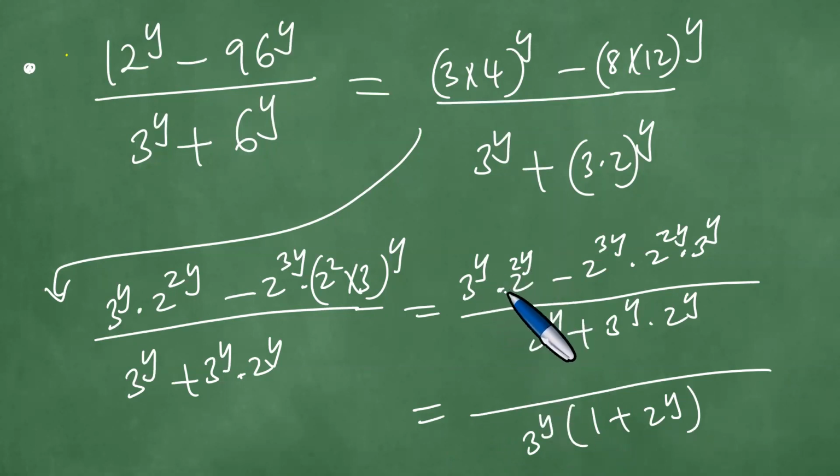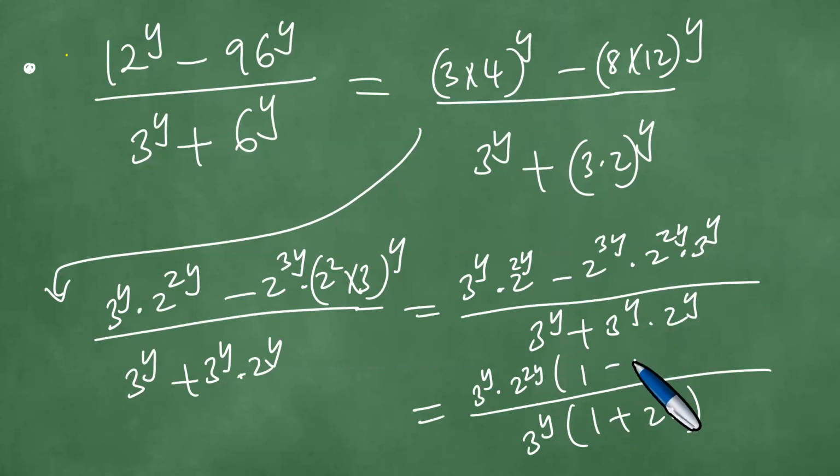Here you take out, what is the common factor in the numerator? There's the 3 to the power y, but there is also 2 to the power 2y. Because 3 to the power y is here and there, and 2 to the power 2y is here and there, it appears in two places.